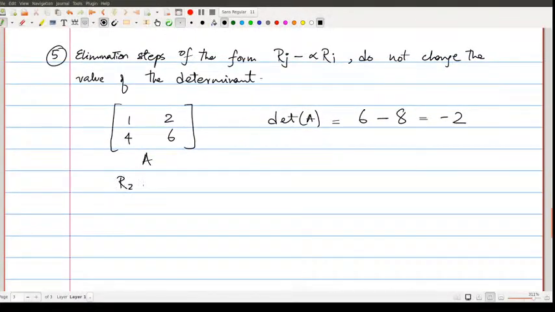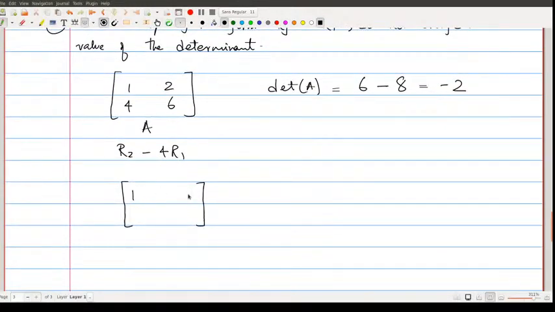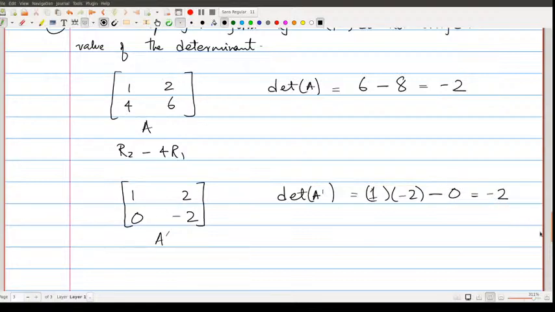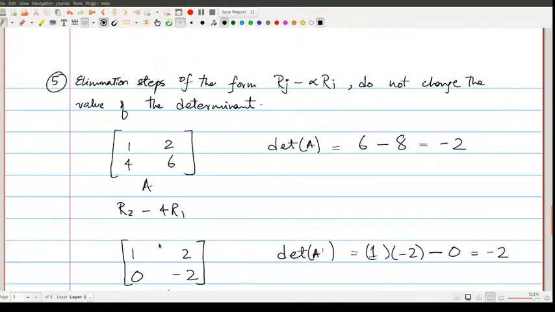If we do row 2 minus 4 times row 1, that eliminates the second entry in the first column. I get 1, 2, and then 4 minus 4, which is 0, and 6 minus 8, which is minus 2. Let's call this matrix A prime. The determinant of A prime is 1 times minus 2 minus 2 times 0, which is again minus 2. So this elimination step did not change the value of the determinant.